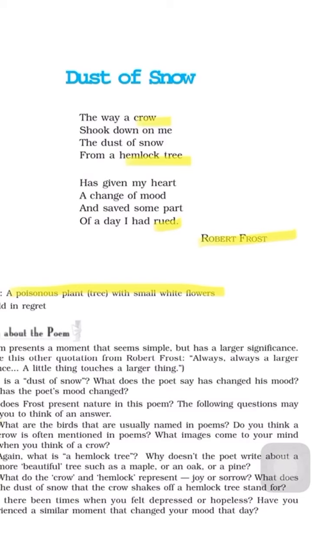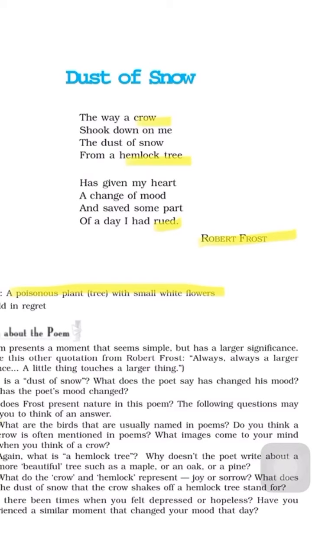Has given my heart a change of mood and saved some part of a day I had rued. Now what the poet says, that as those snowflakes fell onto me, they had a great impact on my mood. That my mood had got changed.